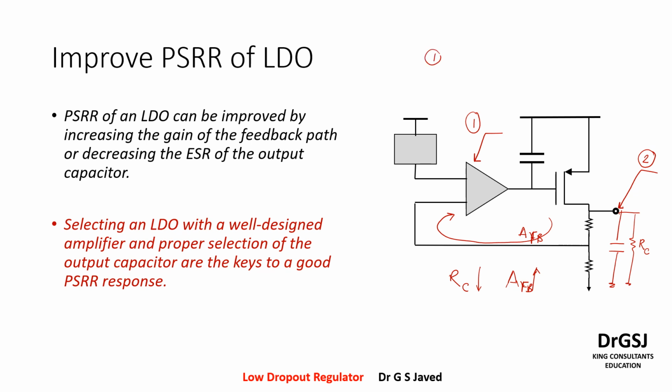First, you need to look that it has high gain, at least in the range from DC to 100 megahertz, which is typically done.